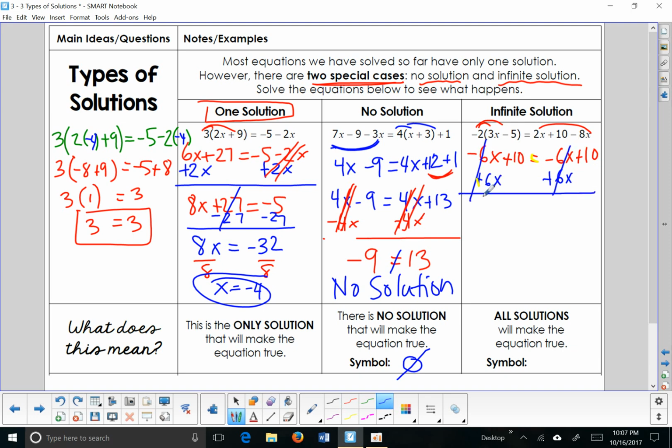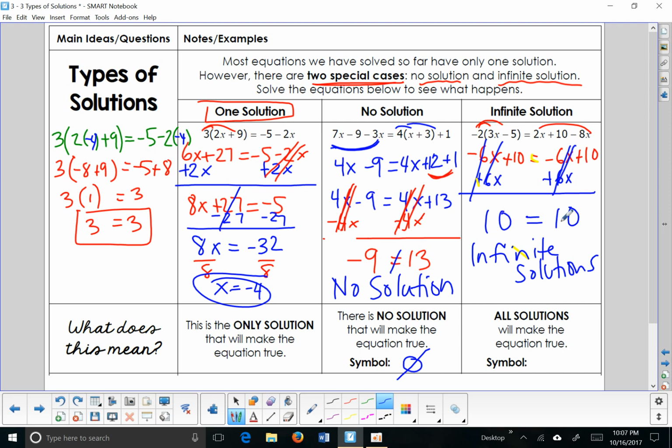Now, anytime you get a double cancellation, you've got a special case on your hands. So if the letter cancels out on both sides, and what remains is equal, then that's an example of infinite solutions. So you must write this English phrase.